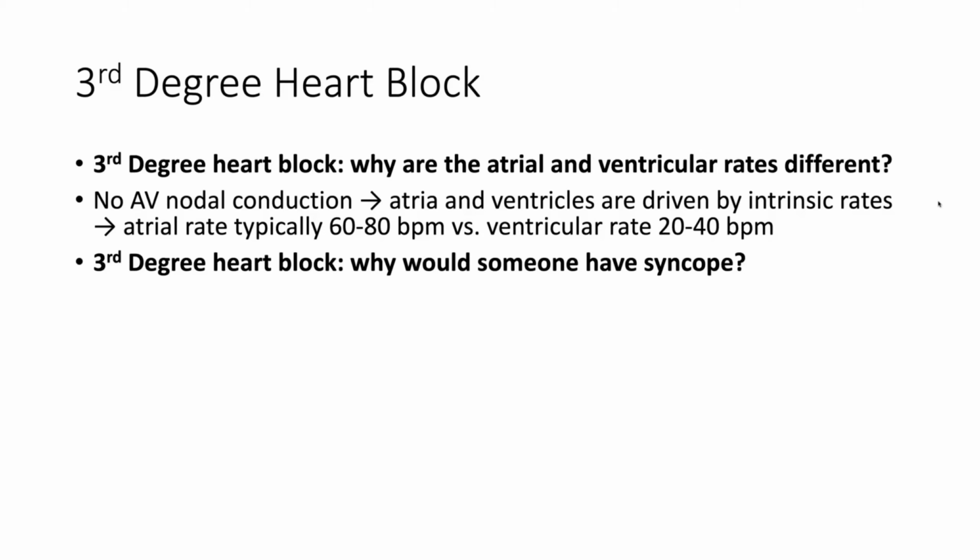Now tell me, why would someone have syncope with third degree heart block? Because they are relying on their ventricular rate, which is a lot slower. So what? They're just not getting enough beats per minute. It's reducing their overall cardiac output. You're asking it as a question. I get the impression that you're not thinking about MAP equals cardiac output times TPR every time you stand up.